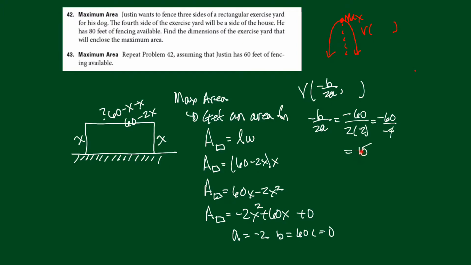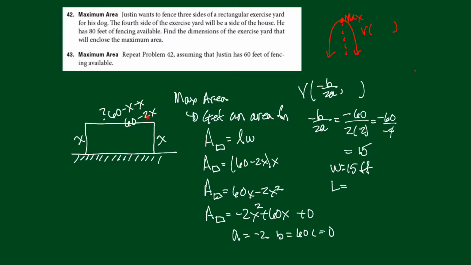So what do we have? This is the x-coordinate. Now the x-coordinate is what? Follow it back over here. That was the width. What do we get for the length then? That 15, the width is 15 feet. And what is the length? Well, we have the length right here.